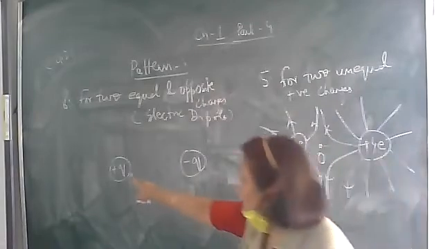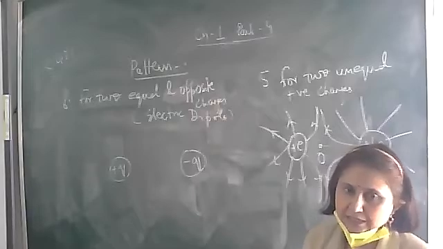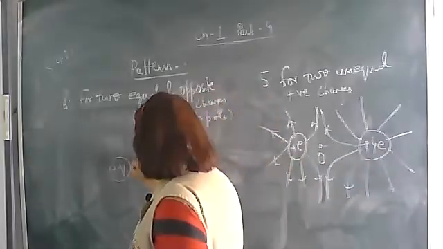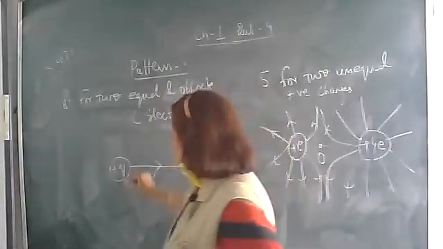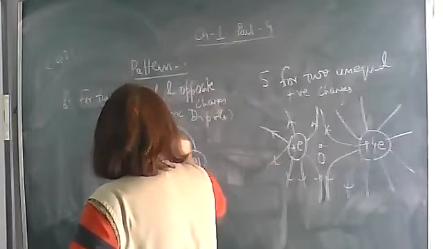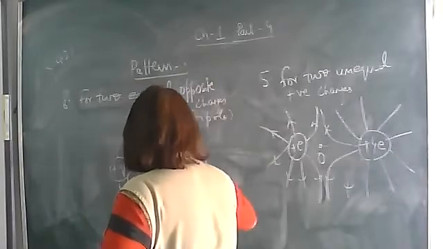So magnitude is equal. If this is Q, this is also Q. But sign is opposite. One is positive and the other is negative. I think everyone can draw positive to negative charge. Positive to negative. So this is the pattern of the electric lines of forces.